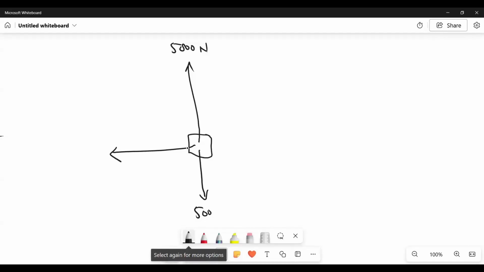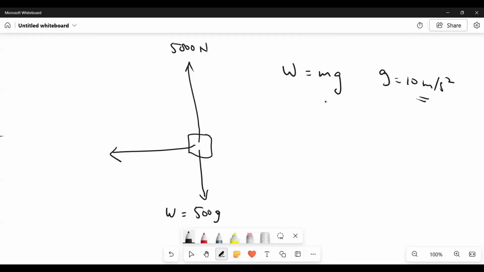The mass in the bucket is 500 kg, but the weight is going to be 500 g. What is g about? Weight is equal to mass multiplied by acceleration due to gravity, right? And we'll use, for simplicity, g equal to 10 meters per second squared. So the weight is going to be 500 times g, which is 10, which equals 5,000 newtons, right?